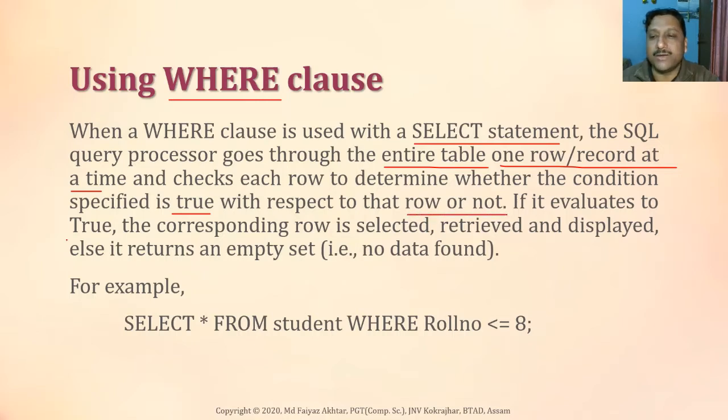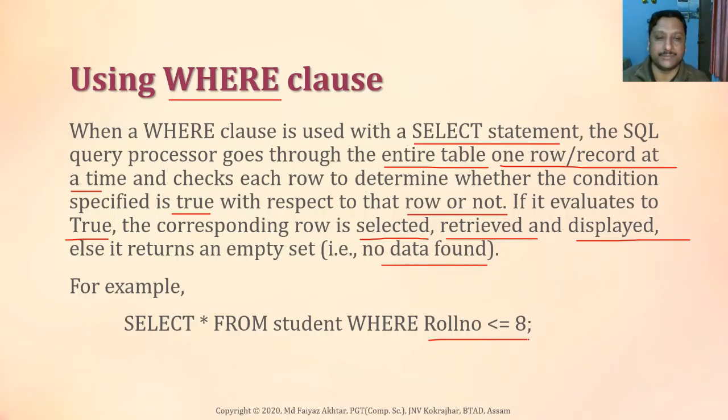If it evaluates to true, the corresponding row is selected, retrieved and displayed, else it returns an empty set with no data found.